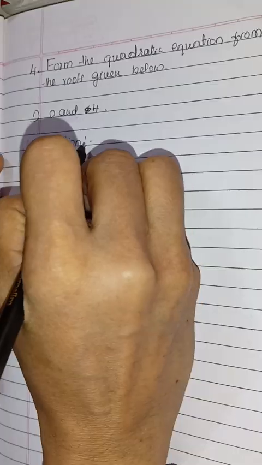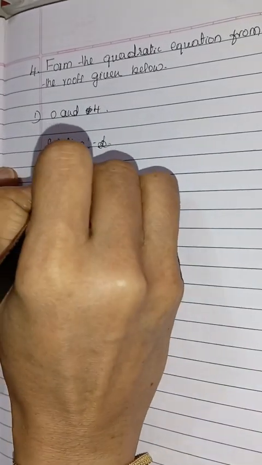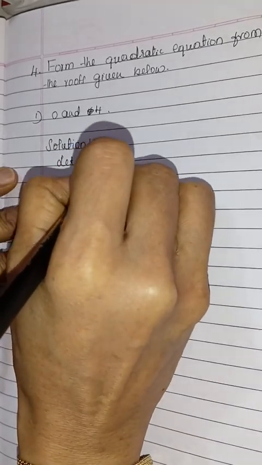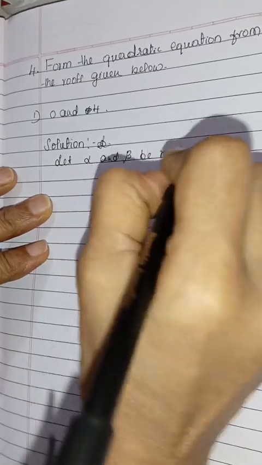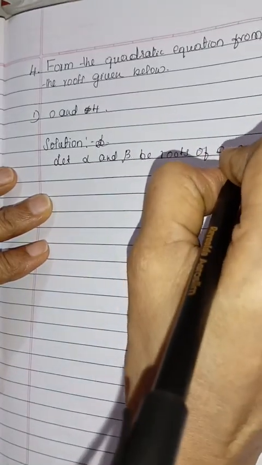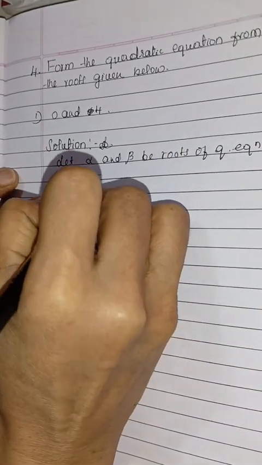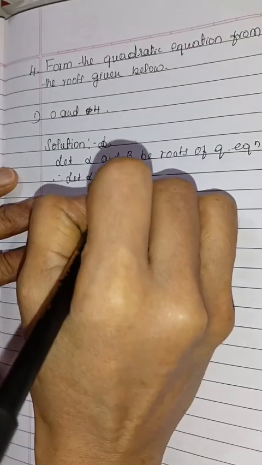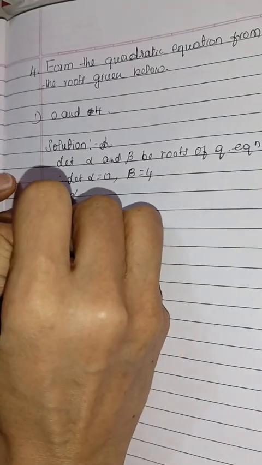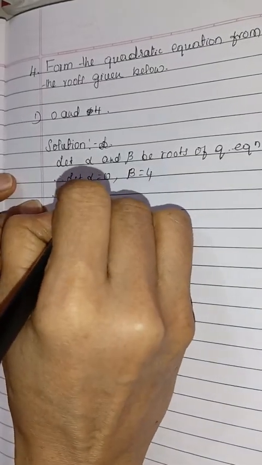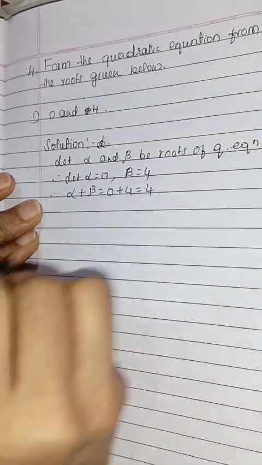Okay, so solution, first let alpha and beta be roots of quadratic equation. Therefore let alpha be 0 and beta be 4. Therefore alpha plus beta, this 0 plus 4, answer is 4.